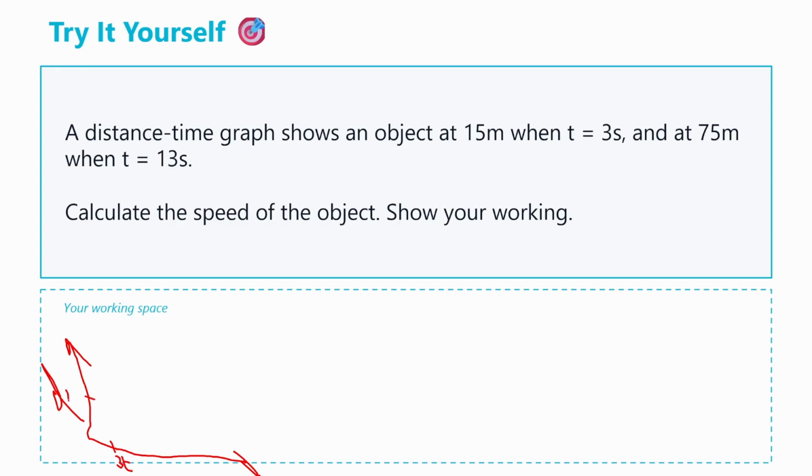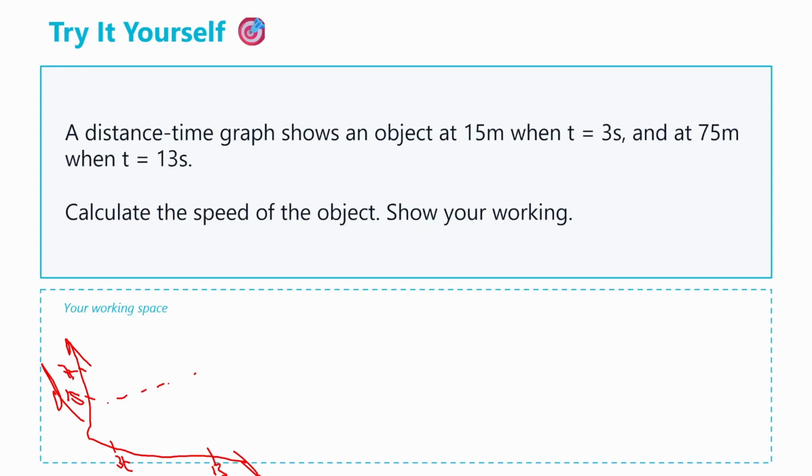Then at 13, it's at 75. I'm not keeping in mind the scale, I'm just drawing the graph. So these are the 2 points.